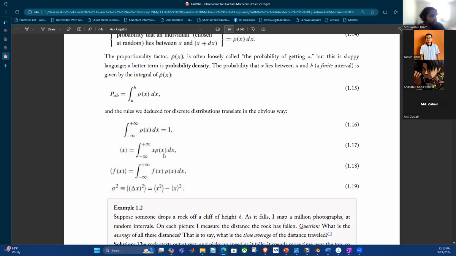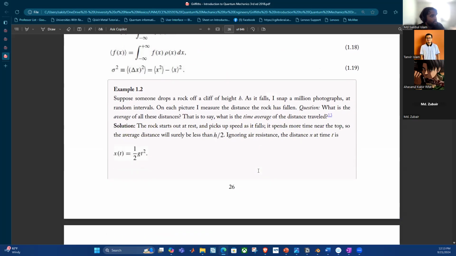Average of this is x times rho of x, and in any case that is also true. The standard deviation also holds true. That is the math actually. What does it do actually? Let's say a rock falling from a height h, that is continuously falling.